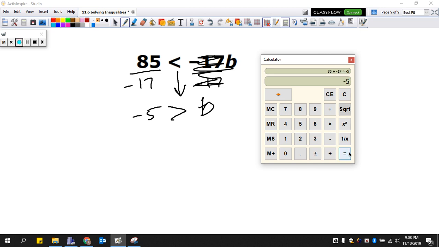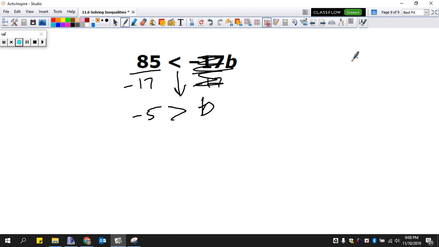If we did another one, suppose we said negative 3x is greater than or equal to negative 144.